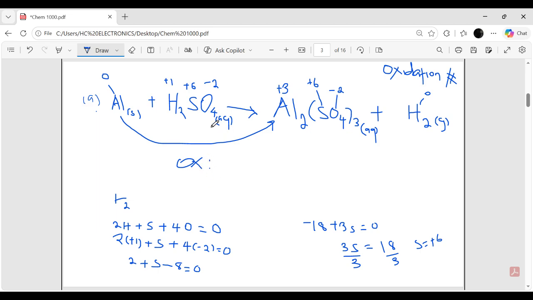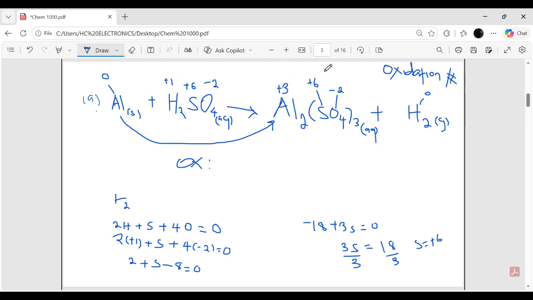Then on the other part, you have sulfuric acid. There you can check that sulfur is still +6 on the products, and oxygen is still -2. Nothing has happened to these, but one of the atoms has changed, which is hydrogen.